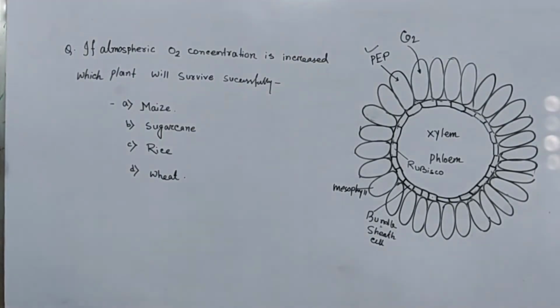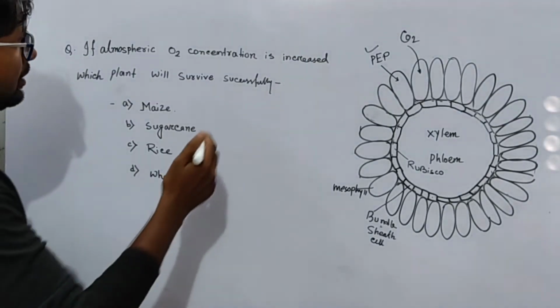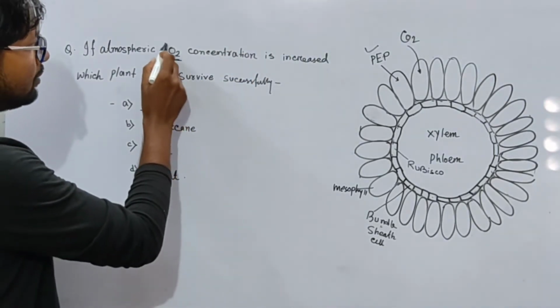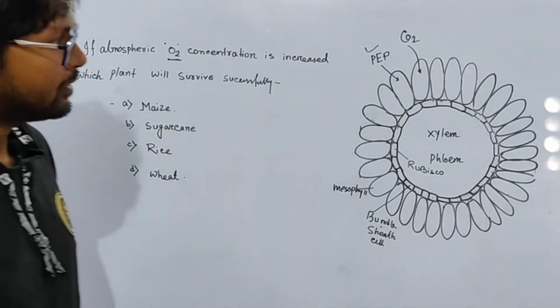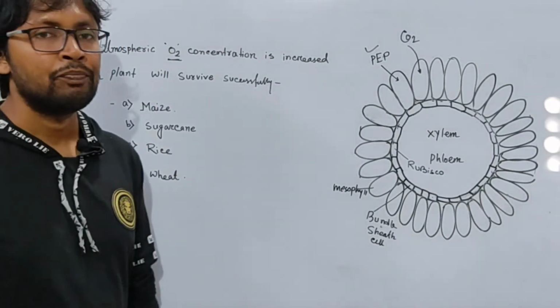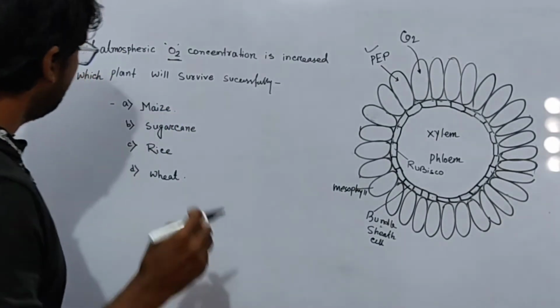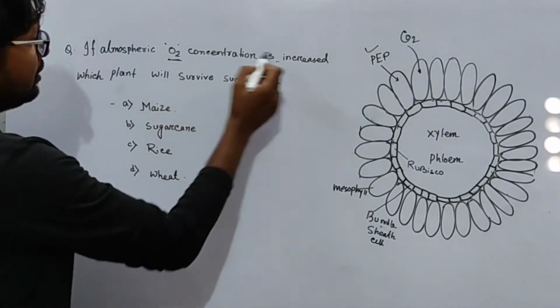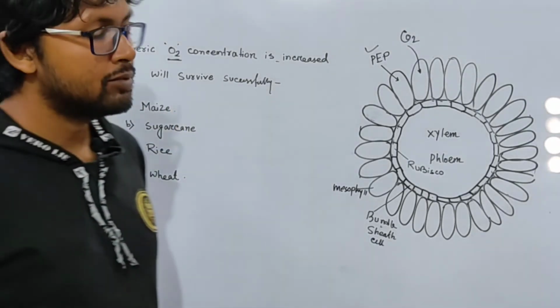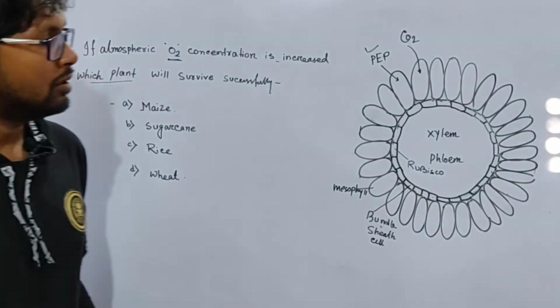If atmospheric oxygen concentration is increased, the atmosphere has 20% oxygen, you know that, and if this is increased from 20 to 25% and the carbon dioxide concentration is the same or reduced, then which plant will survive successfully or adapt in that particular environment?